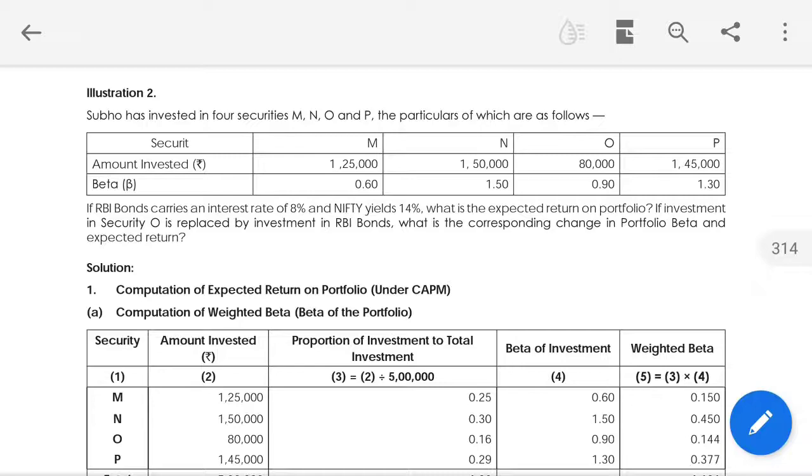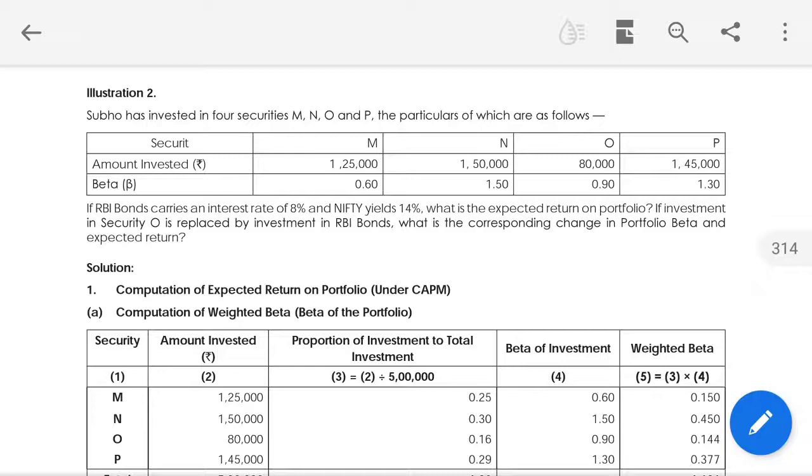Beta factor. Beta is nothing but undiversifiable risk. So that is respectively 0.60, 1.50, 0.90 and 1.30. If RBI Bonds carry an interest rate of 8% and NIFTY yields 14%, RBI Bonds is what?